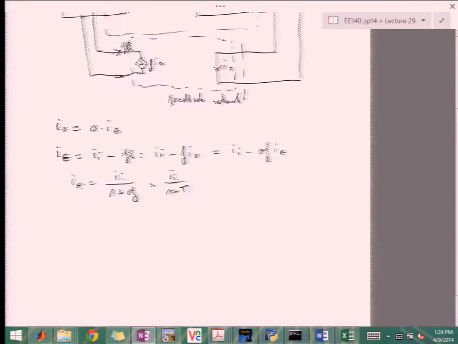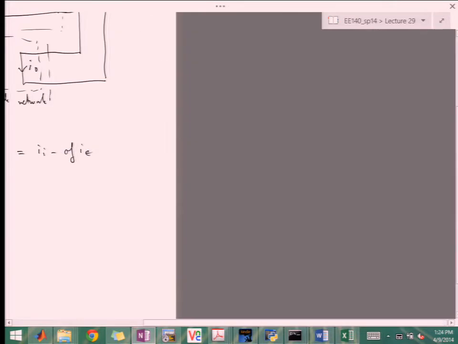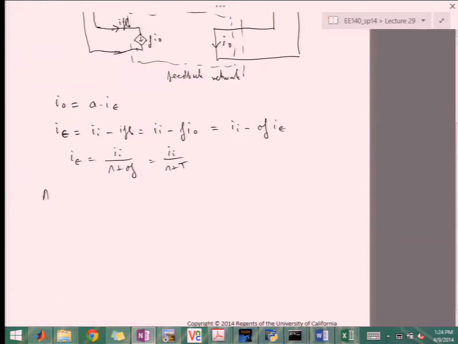And so in this case, the closed loop gain is I/O over II, because we have output current over the input current.